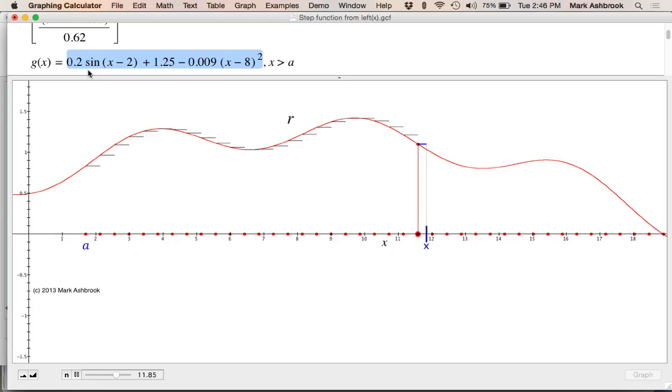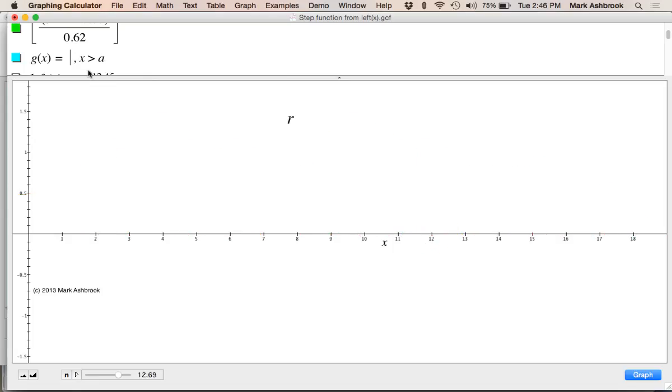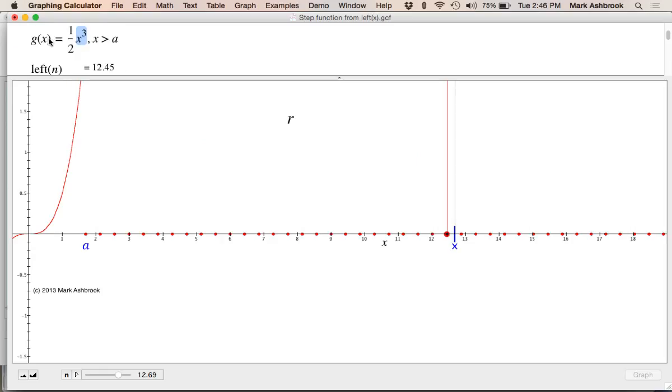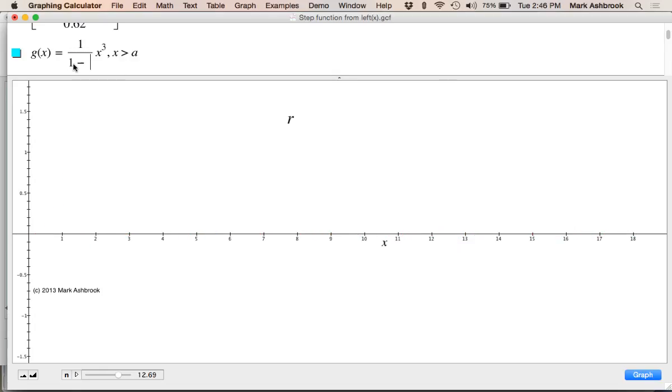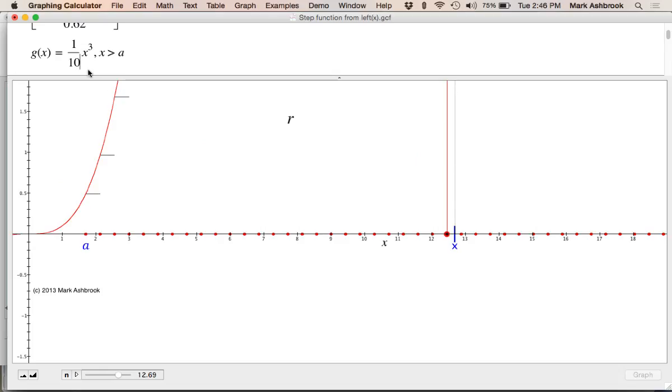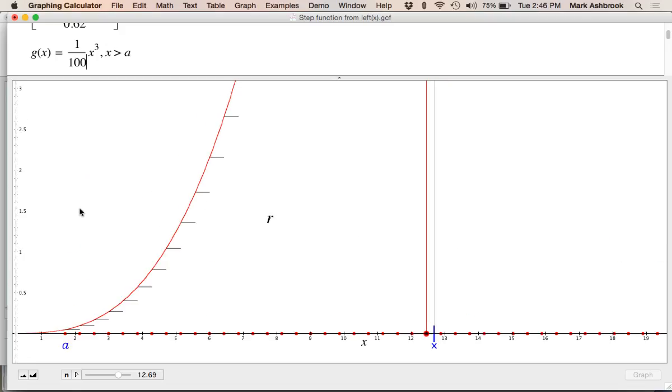So I can come in here and just say do 1/2 x cubed. It's going to be too steep. All you got to do is change it, and it works for the new one.